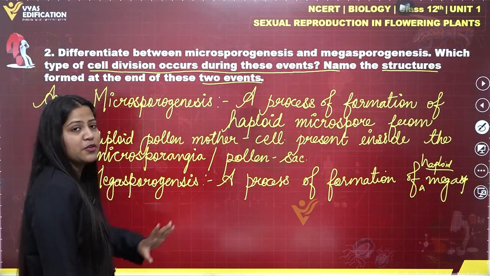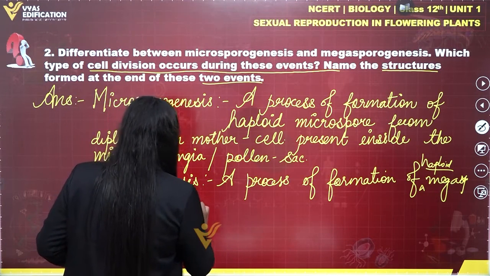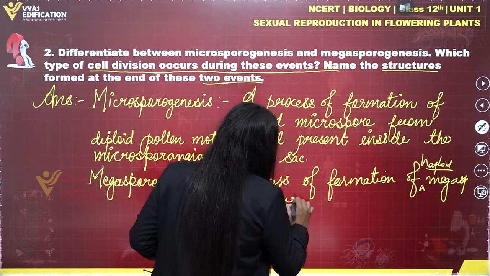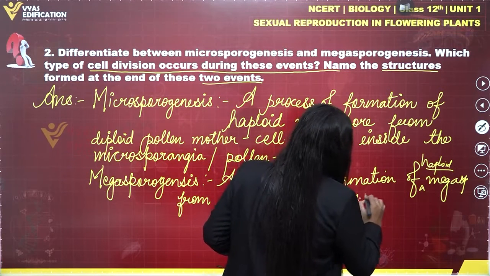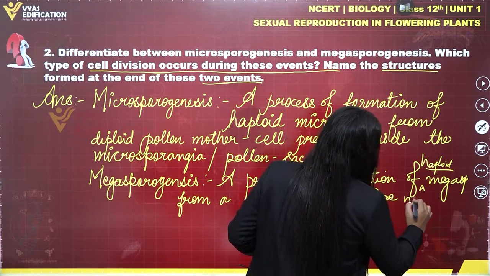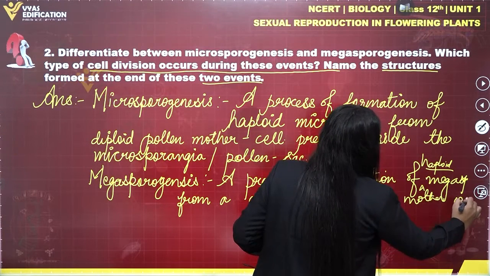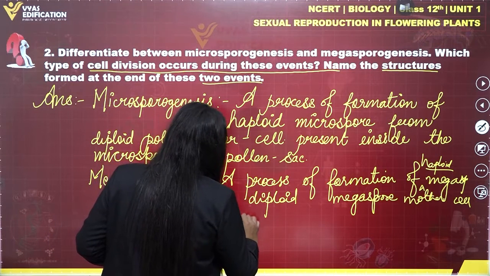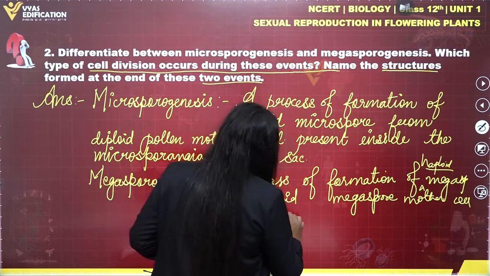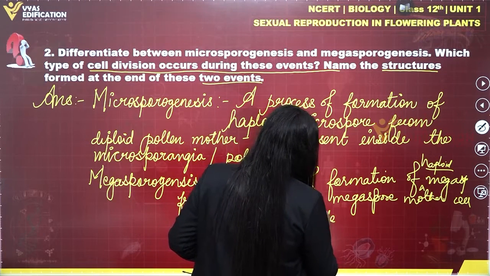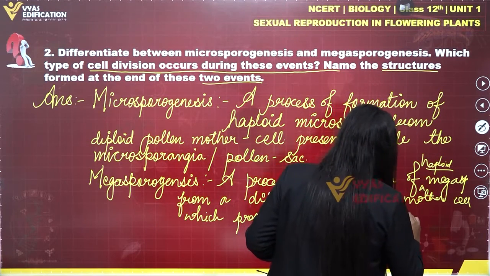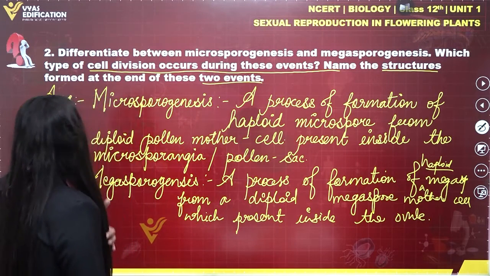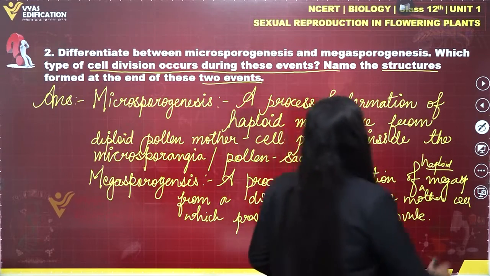So a process of formation of haploid megaspore from diploid megaspore mother cell, which is present inside the ovule, which is the female megasporangium. So this is the difference between microsporogenesis and megasporogenesis.